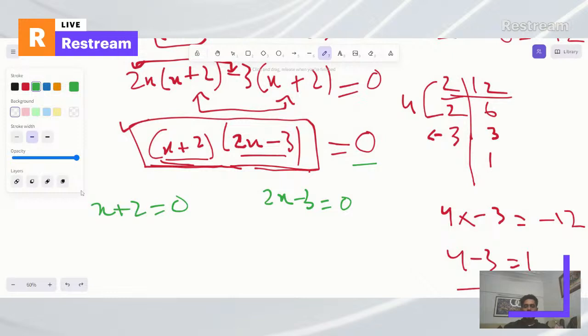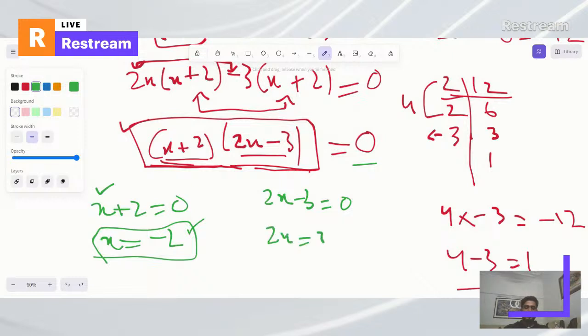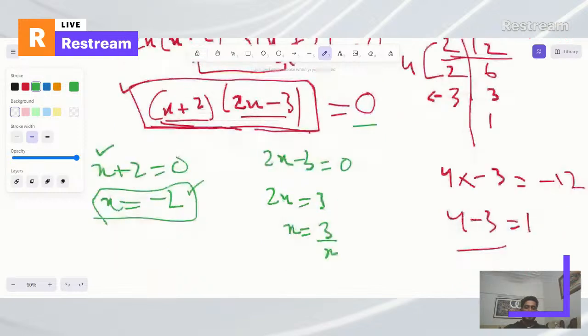So the answer to the first factor is going to be x equals to -2. All right, so that's the first value of x. Now coming on to the second part, it's going to be 2x equals to 3, and then we're going to get the value of x as 3 divided by 2, right?